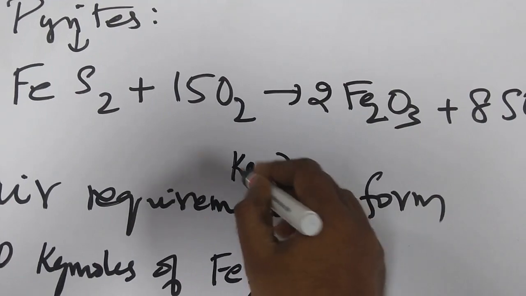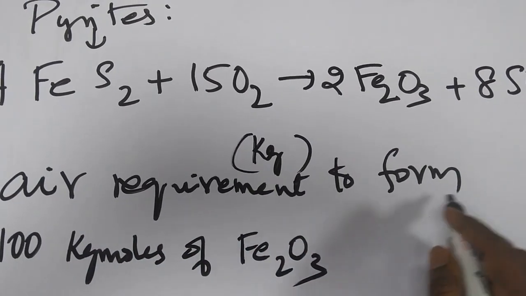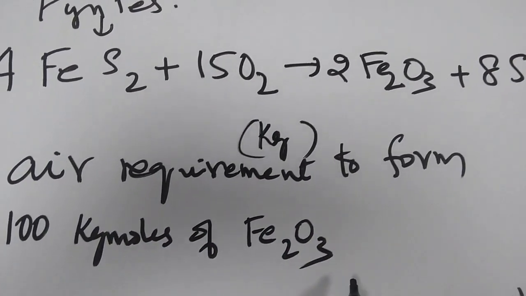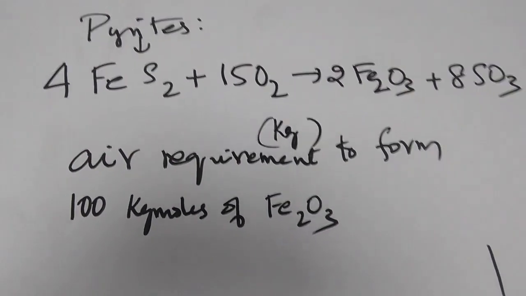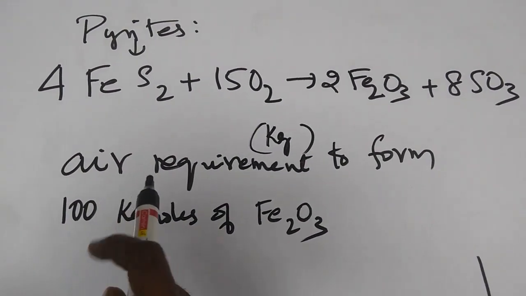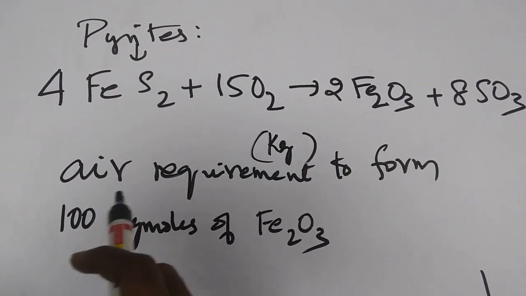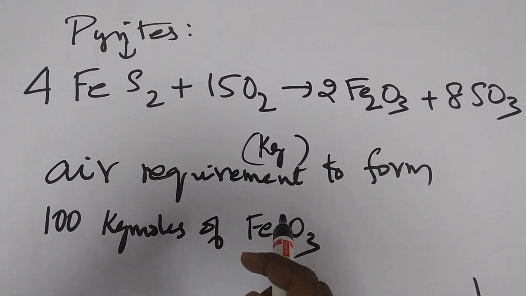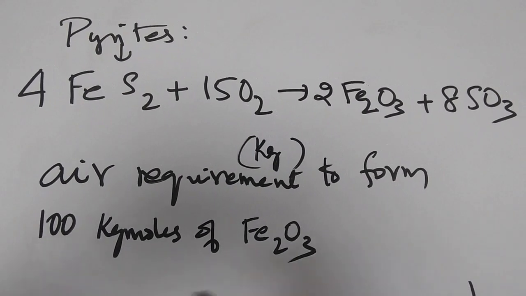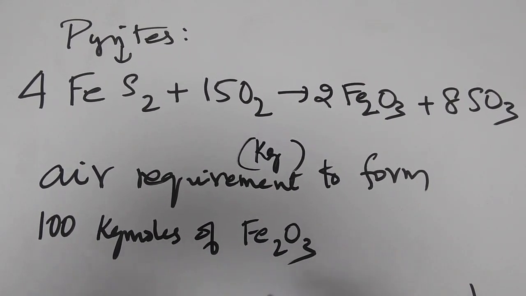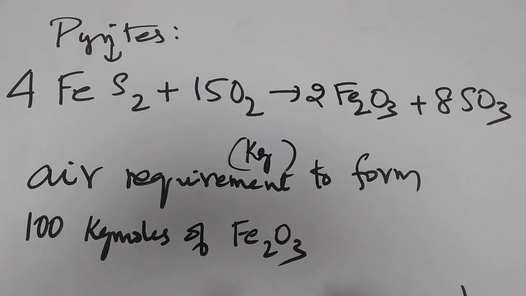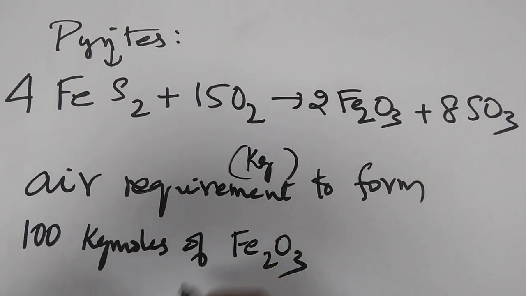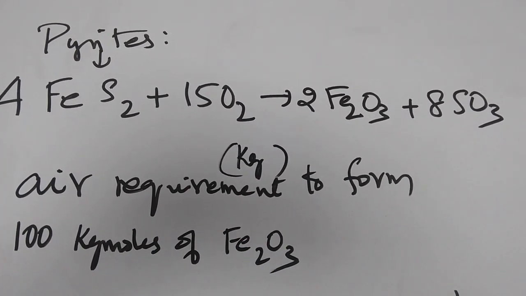The pyrites undergoes the reaction given, and we are asked to determine the air requirement. This is only theoretical air requirement. Theoretical air requirement to form 100 kg moles of Fe2O3. So we have to find the air requirement in kg.